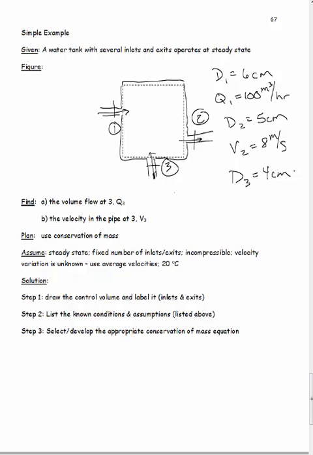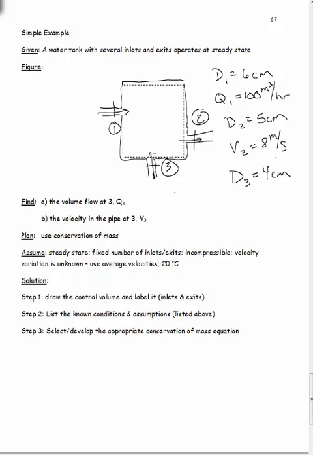So, the solution process. First, draw the control volume and label it. Label your inlets and exits, in other words, the 1, 2, 3 up there. List the known conditions and assumptions. I already did that for you: steady state, fixed number of inlets and exits, incompressible. These are our simplifications from above. We were just given a V2 here. We were not given that V2 equals U naught (Y over H) to the 1/7 power like we were before.